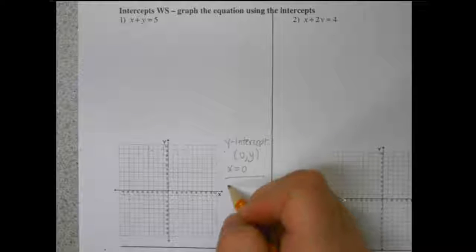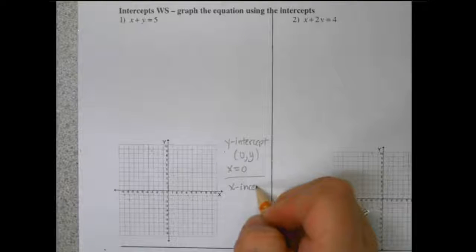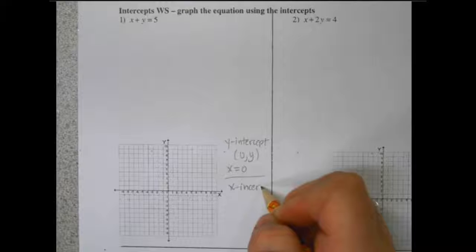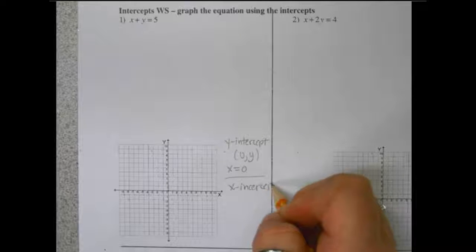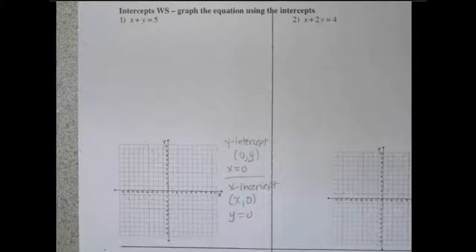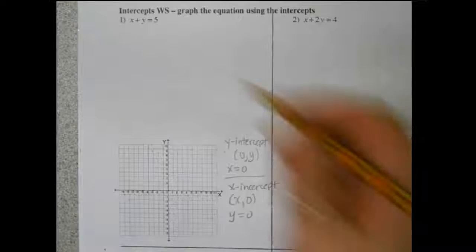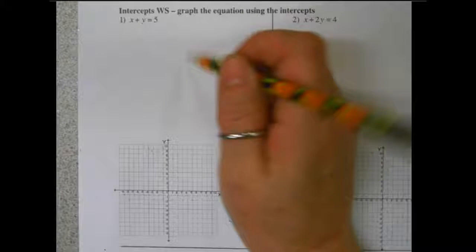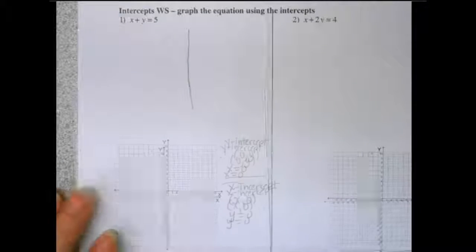Our x-intercept will be when y is 0, or whatever the value of x is when y is equal to 0. Okay? So that's really important. So whenever we have an equation, we're going to divide our little workspace into 2.